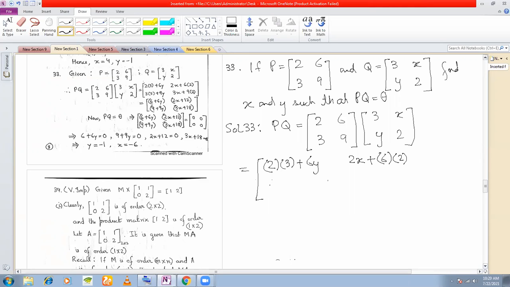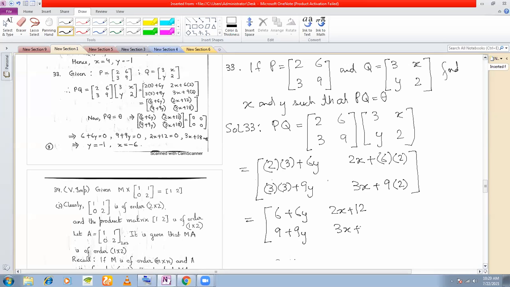Second row, first column. 3 into 3 plus 9 into y. Next, second row, second column. So 3 into x plus 9 into 2. So you're getting here 6 plus 6y. You get 2x plus 12. You get 9 plus 9y, and you get 3x plus 18.